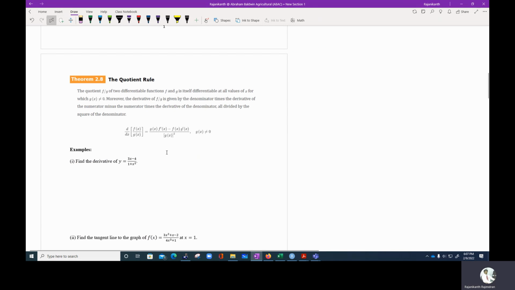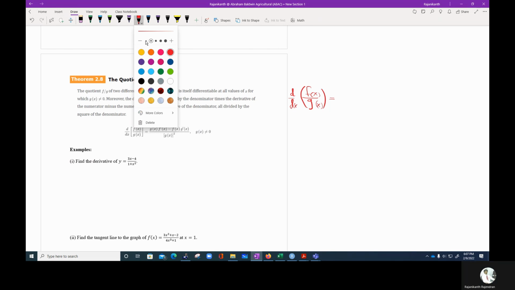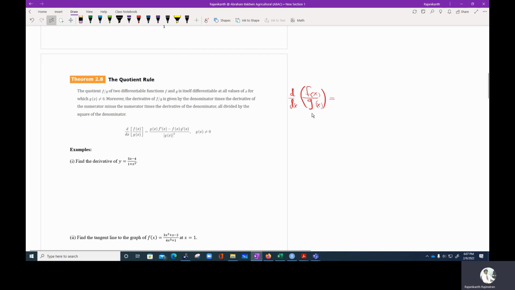Now the quotient rule. Suppose you are given two functions in rational form, f over g, then how do you find the derivative of this function? The formula says that the derivative of f over g is nothing but the bottom function times the derivative of the top function. You could think of this as the top function and this is the bottom function.